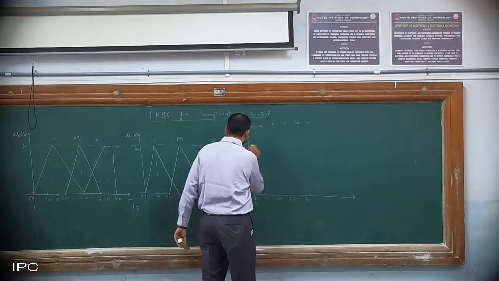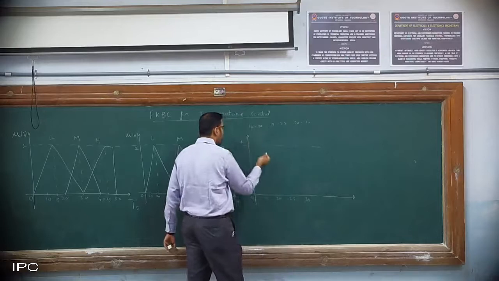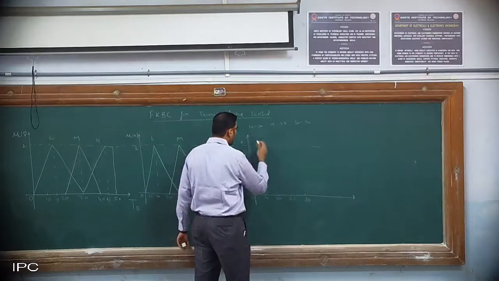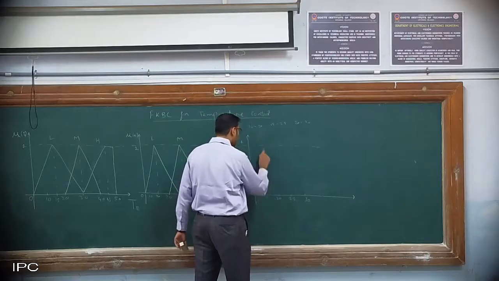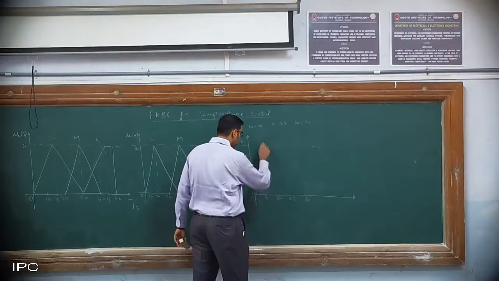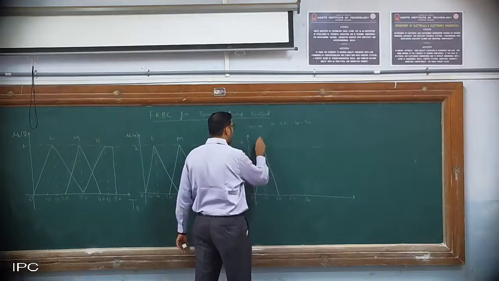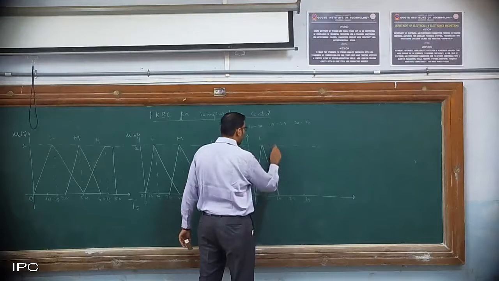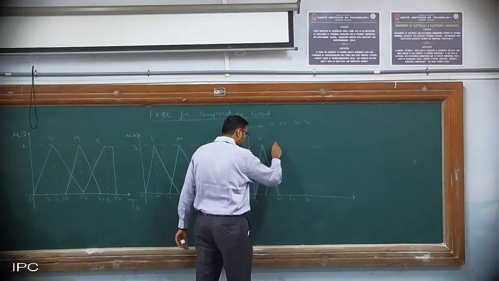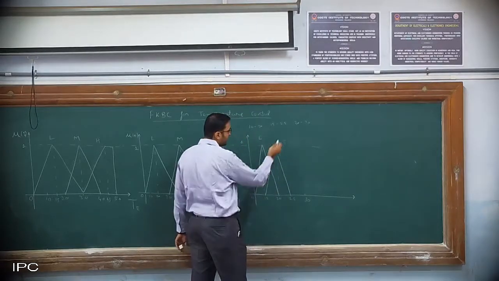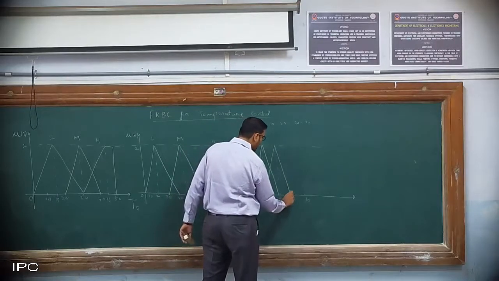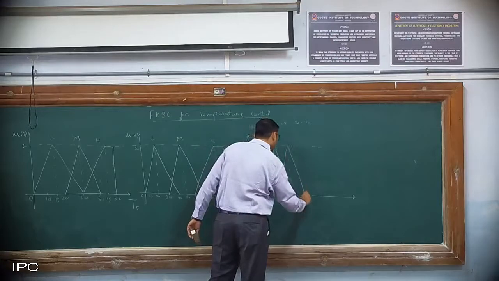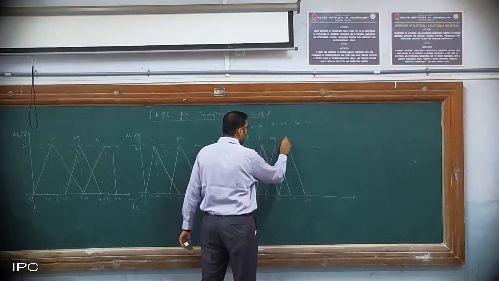Again the same thing. This is 1, and the range for our low is 10 to 20. So we'll consider 15 as our peak. This is low temperature. Then 15 to 25, this is the second shape, and then 20 to 30. Medium, and this is high.